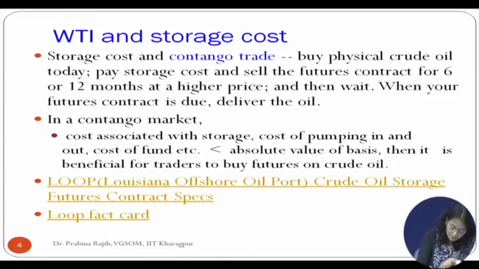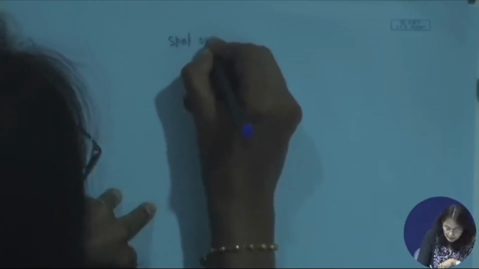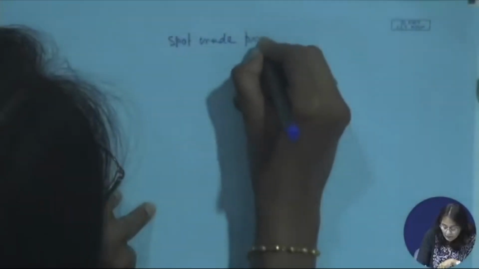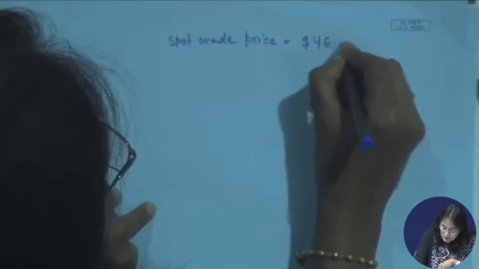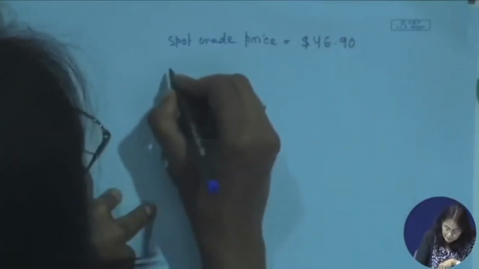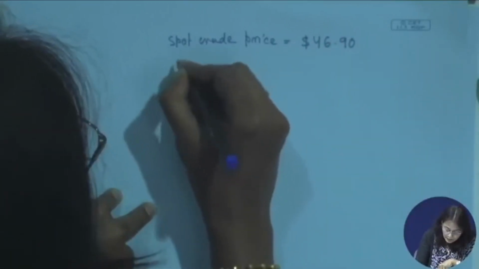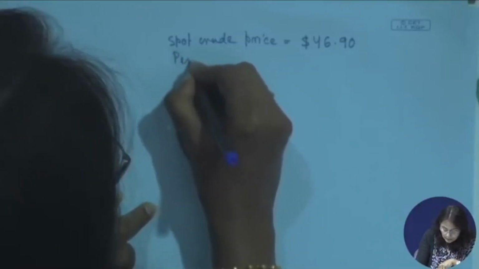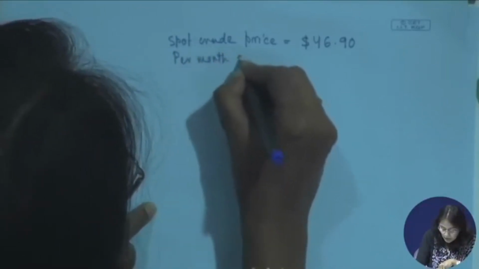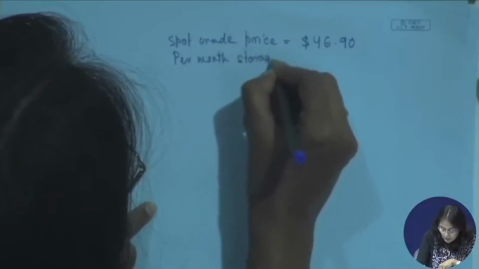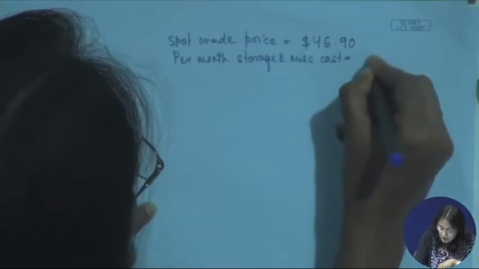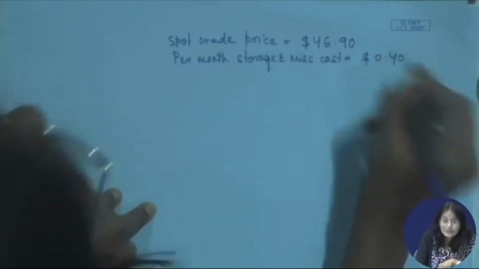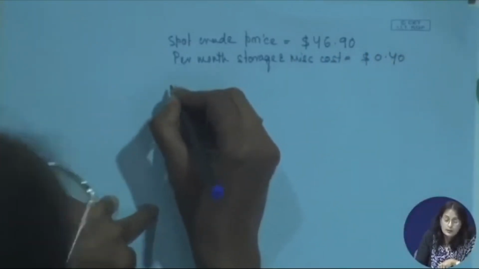So let's say the spot crude price, let's say per barrel, is 46.90, and suppose per month storage and miscellaneous cost comes to, let's say, 40 cents.